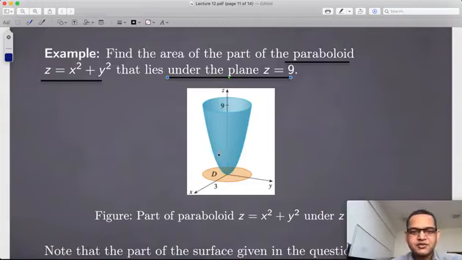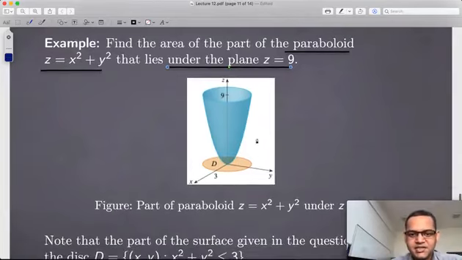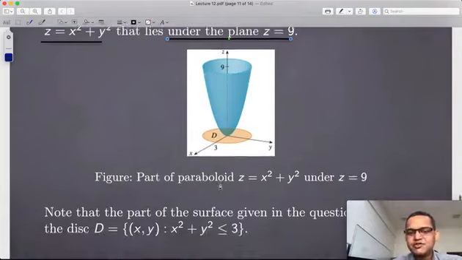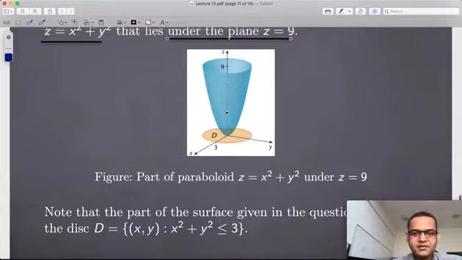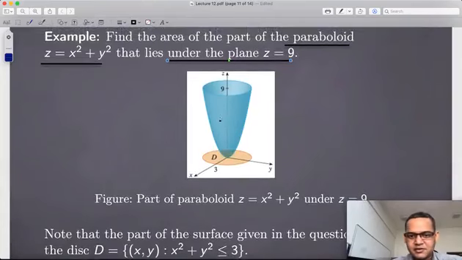Here the domain is not given explicitly, but once you draw this and see that it is cut by the plane z equal to 9, if you look at the projection of this, you are going to get a disk, correct? The boundary is going to be basically this, and all the interior points will be the projection of this part.